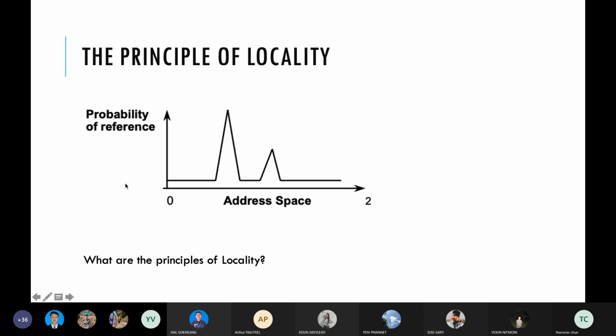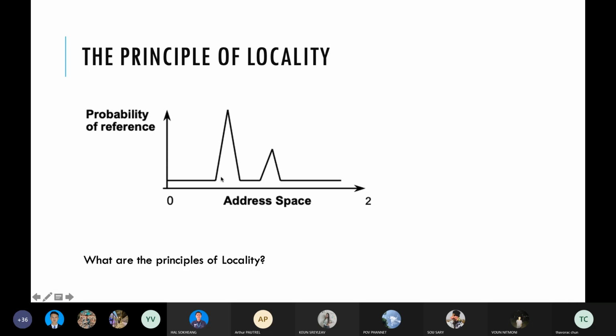Okay, so comparing the two terms and also comparing to address space, some address space doesn't need to have access. Also, some address space the CPU doesn't need to get. But at some point, in some part of the address space, when the CPU requests, it will keep requesting until the block of the data. You see, that's why when the address space comes into here, it keeps going to the peak, and then it comes to the bottom.